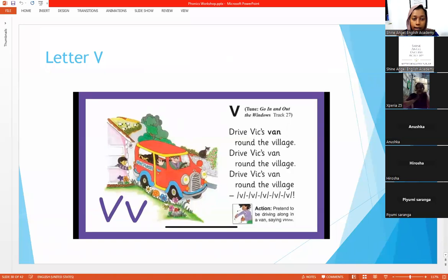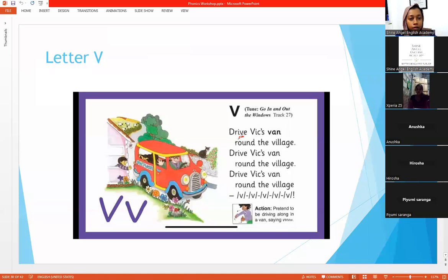Now, when you're doing these activities, try to put more pressure in the letters. For example, if it's the letter V, drive. So you find the letter V in the drive part, right? Yeah, this letter V. So you're going to drive. Try to drag it, like drive.